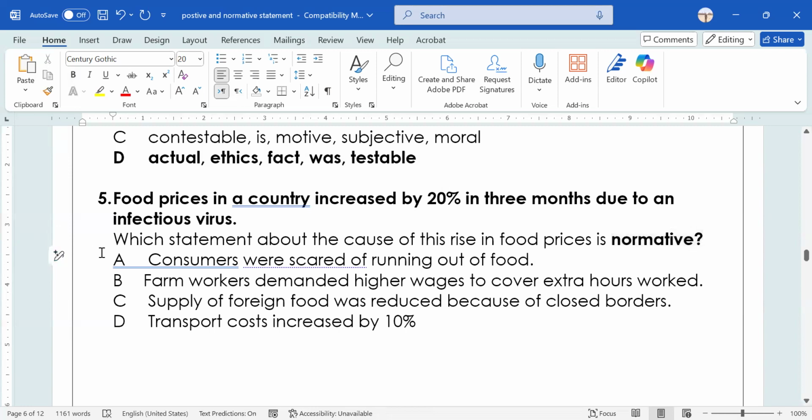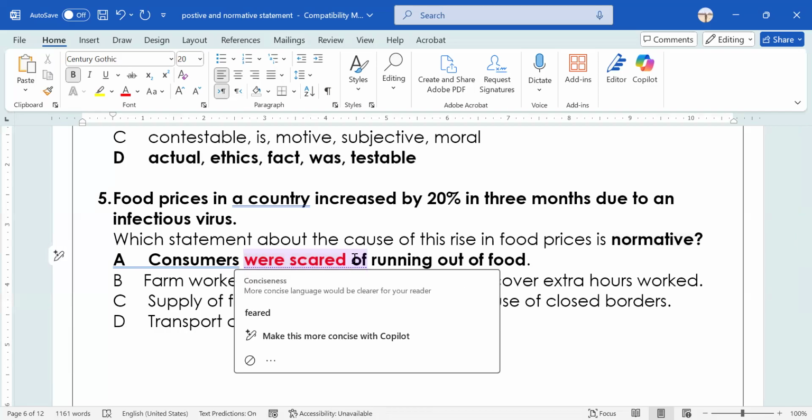Letter A is normative. Let's start with why letter A is a normative statement. Number one, consumers are scared of running out of food. The word scared really reflects an emotion.